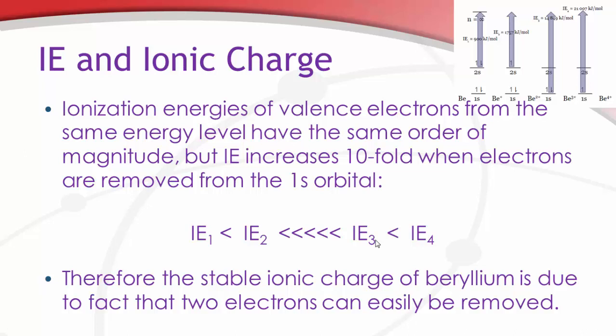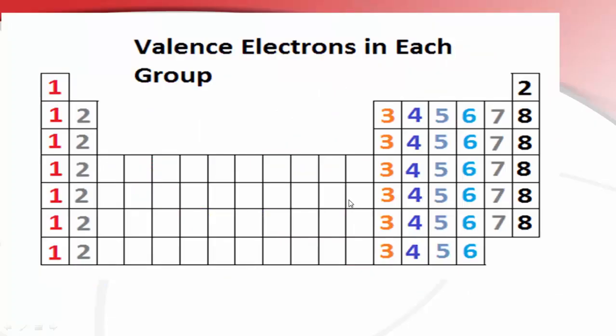What we can infer from this pretty simply is that two of the electrons in beryllium can be easily removed, and the other two, it's extremely difficult to remove them. Well, we can relate this right back to valence electrons and beryllium winding up in the same electron configuration as neon when we remove two electrons.